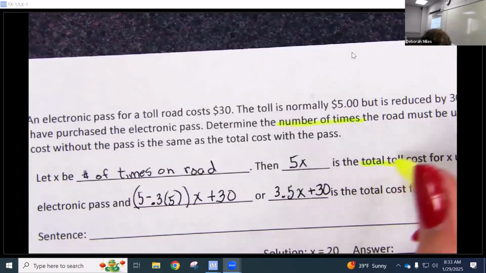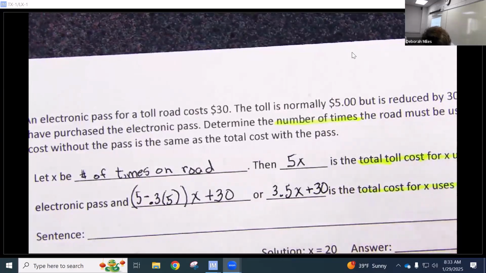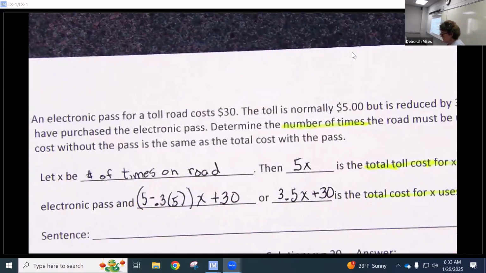Use total toll cost without the pass and total toll cost with the pass. Use those words to make me a sentence. Something equal to each other. You're looking for when the total cost without the pass is the same as total cost with the pass.